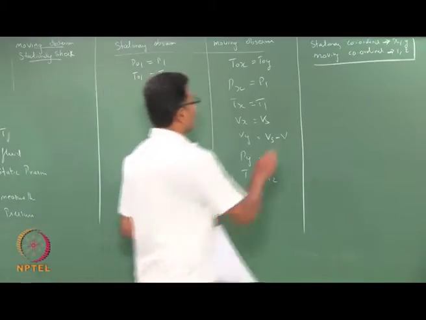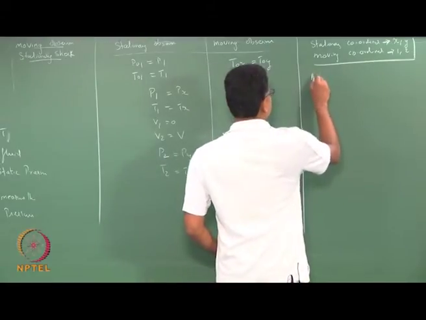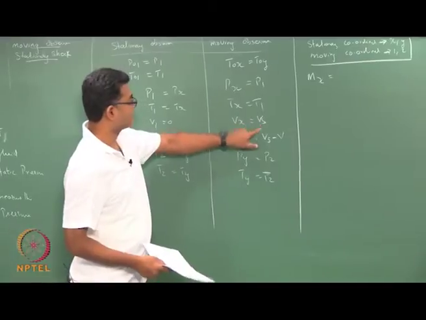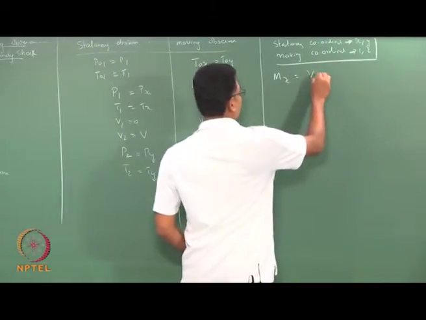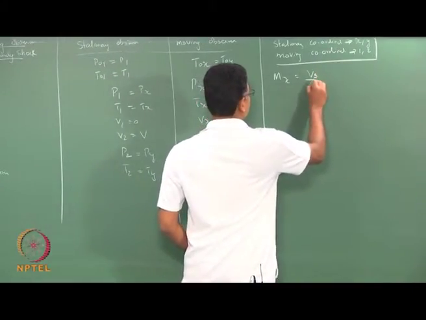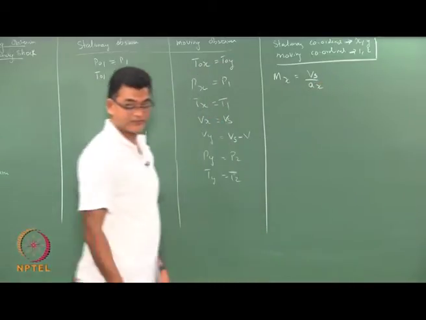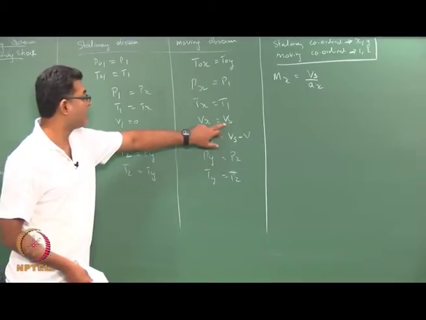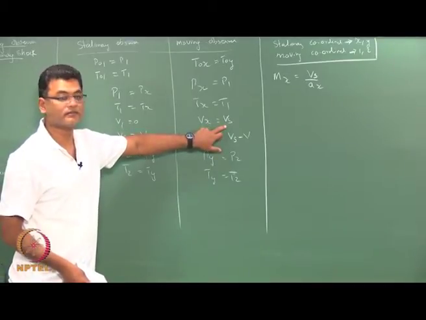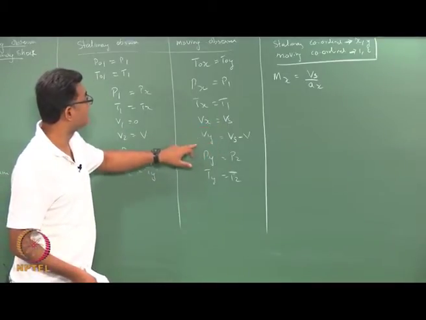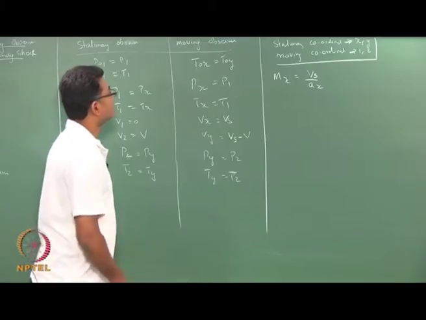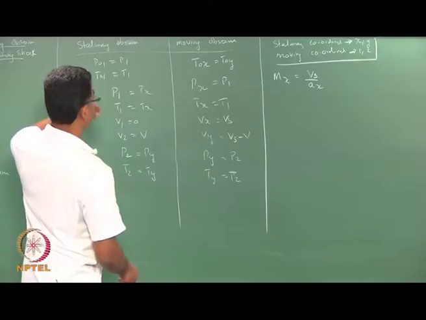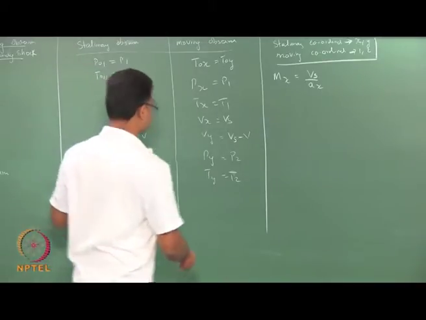So, now I have mx, mx is Vx by Ax, mx is Vs by Ax. Yeah, sorry.